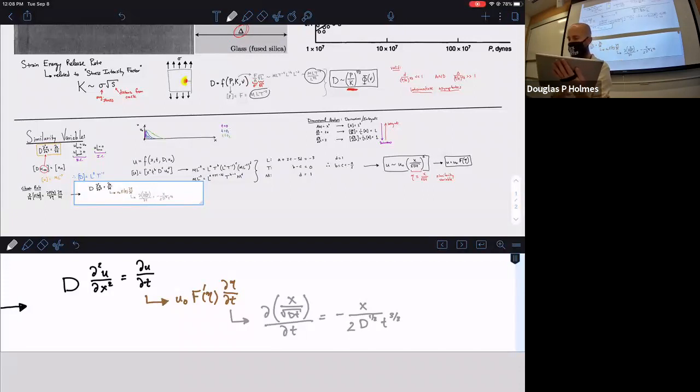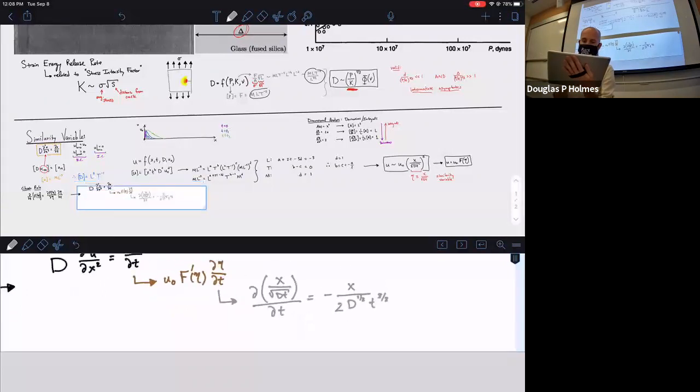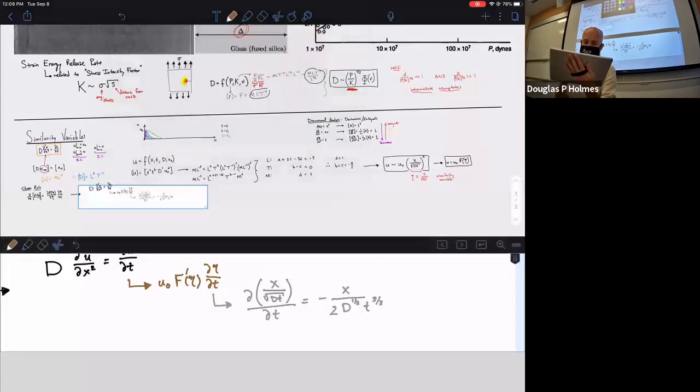I can write this a different way. It's equal to u naught f prime of eta times eta over 2t. So this is eta, and then I have an extra time in the denominator, and a 2 in the denominator. Okay, so that's the right-hand side of my diffusion equation.